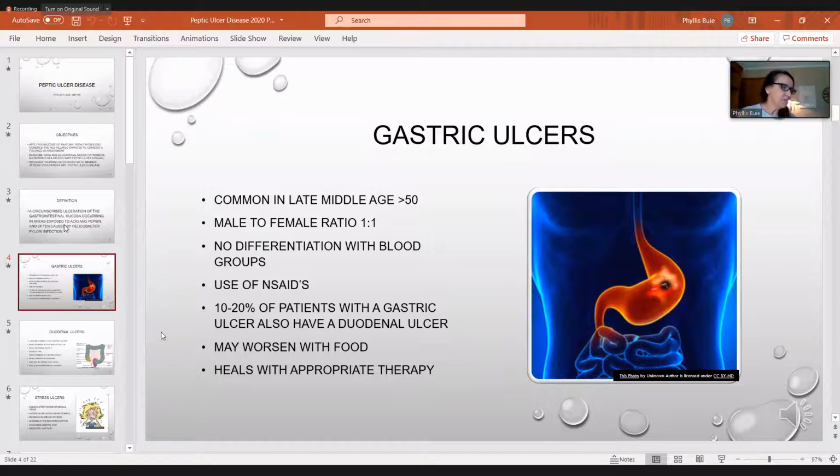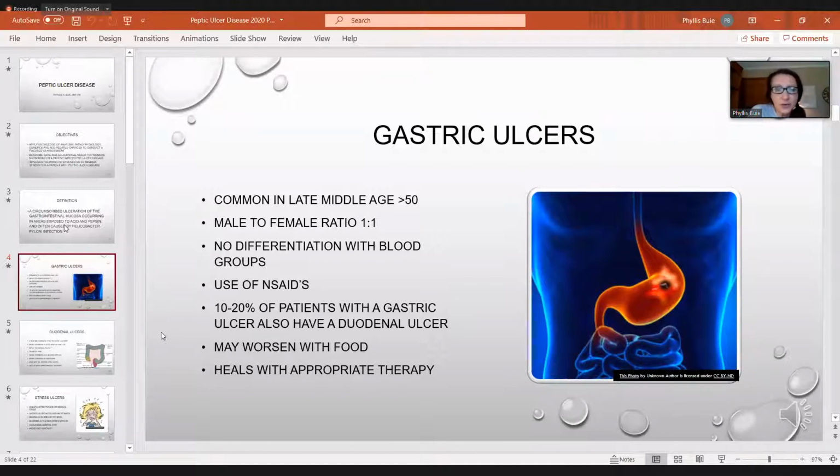And with this particular type of ulcer, pain is usually in the upper epigastrium, and it's usually aggravated by food. But I will tell you that those symptoms kind of wax and wane depending on the patient. Some patients do have pain there, some don't. So don't bank on their pain being in the epigastric area.